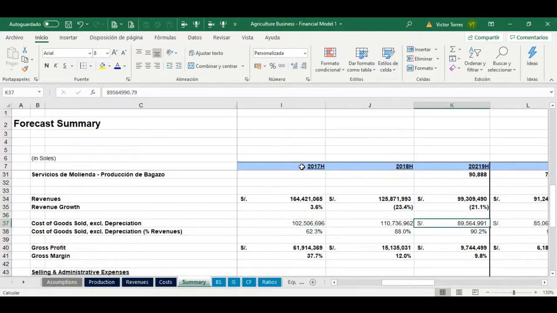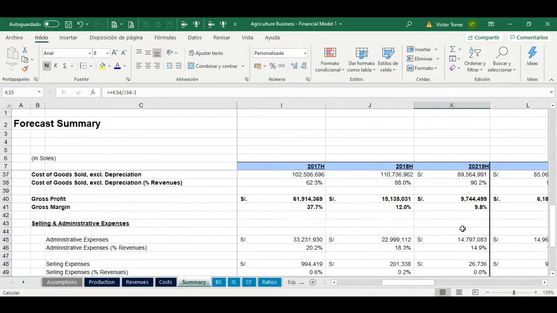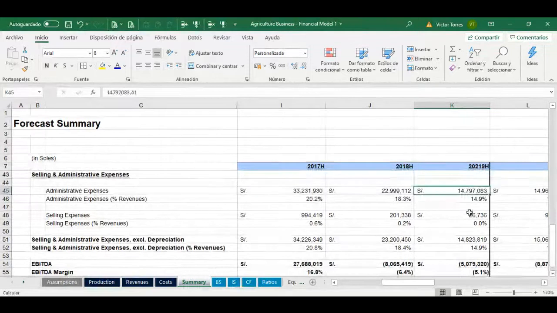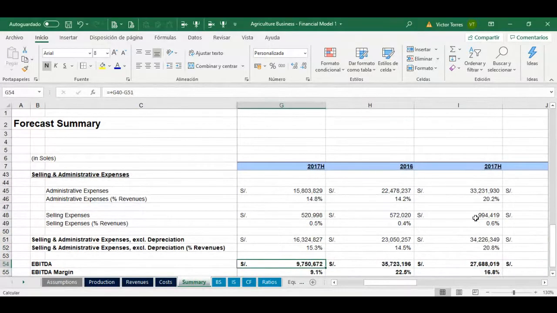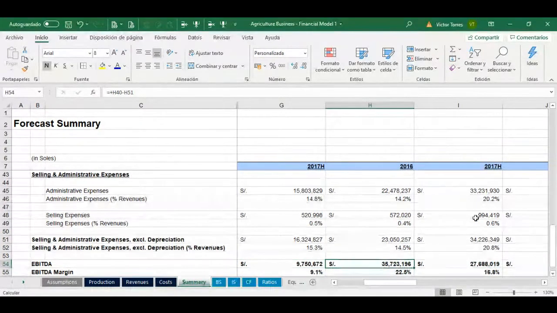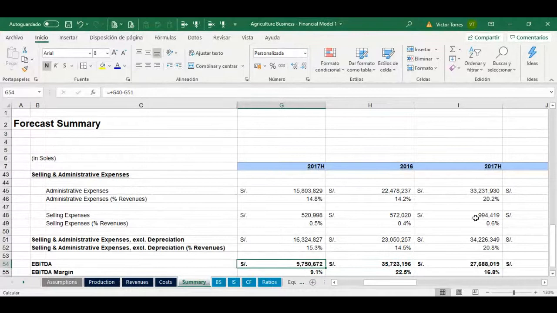Cost of goods sold followed through, but as part of revenue it continued to be a significant portion in 2019. There's a typo over there, let's not mind that. And the administrative expenses, although there were some cuts, still represent a significant portion. That's why the EBITDA was negative in 2018, 2019. This is typical of companies that do not realize that some issue is an outlier. So the company was, oh sorry, this is what's happening.